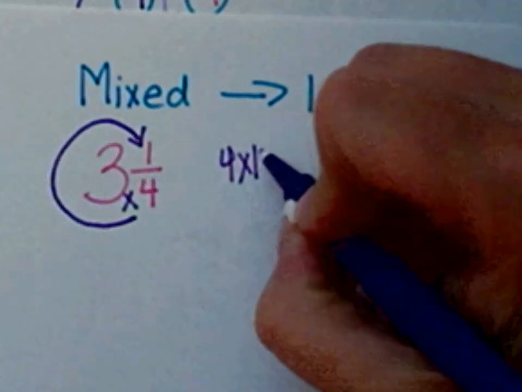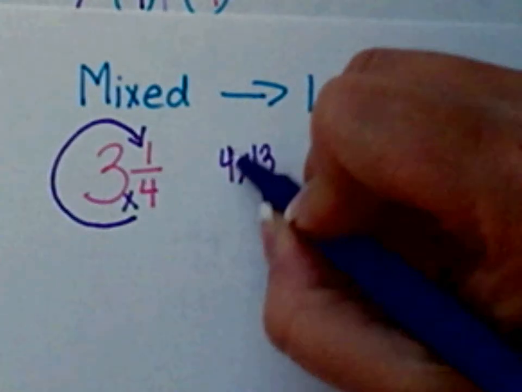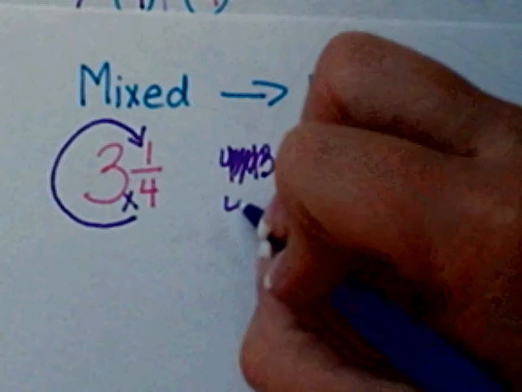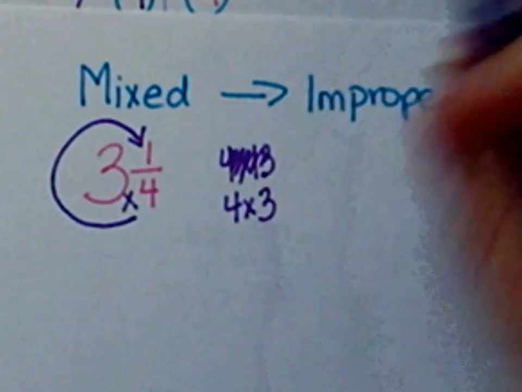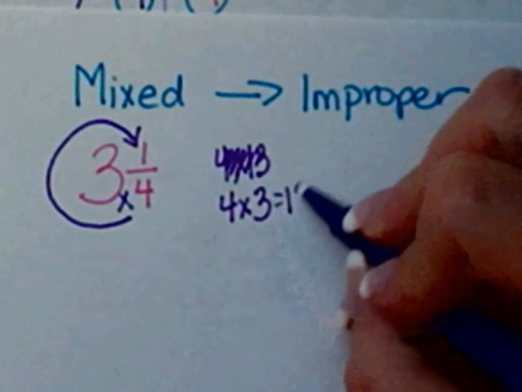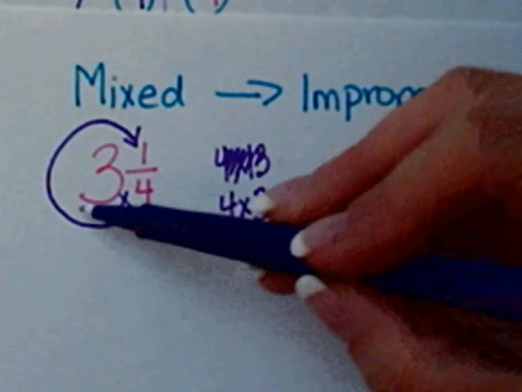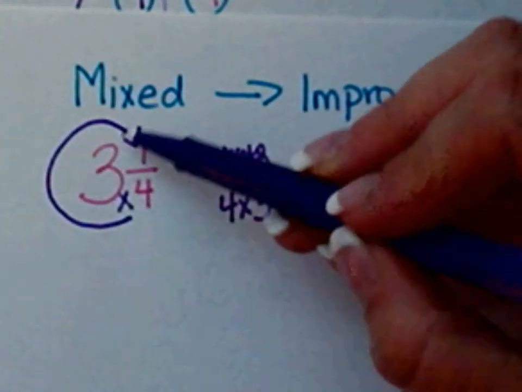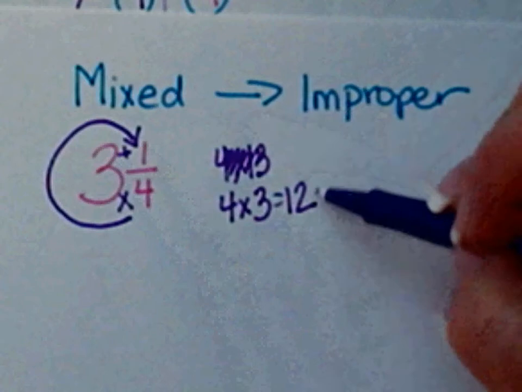So 4 times 3 is 12. But then we have to keep wrapping around, and we're going to add the 1.